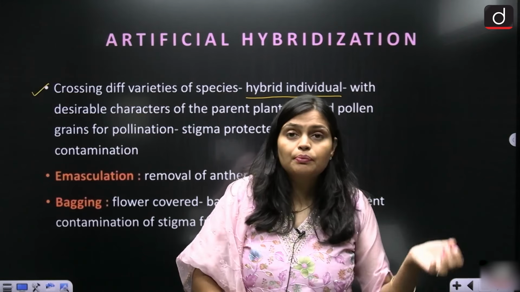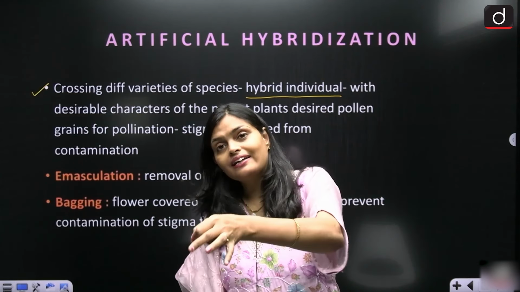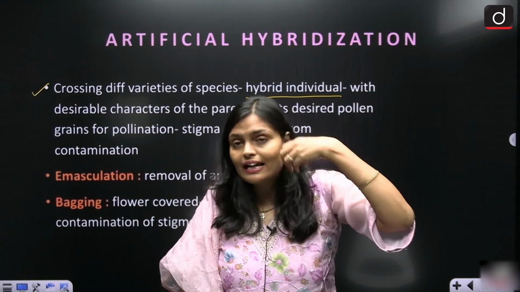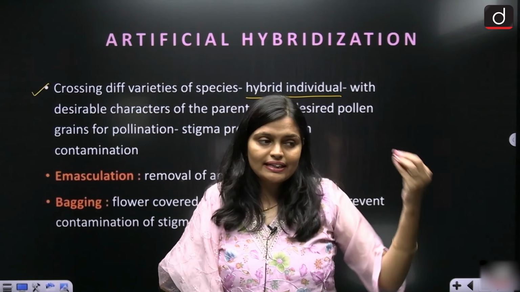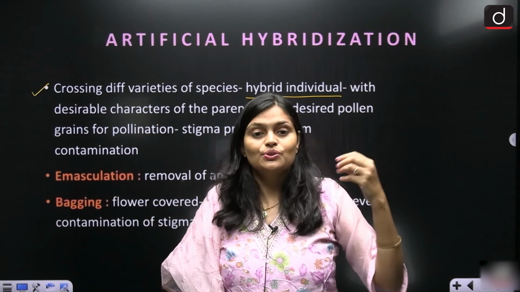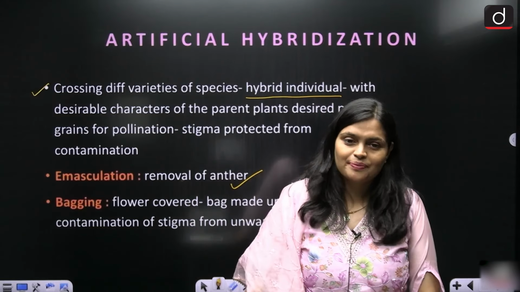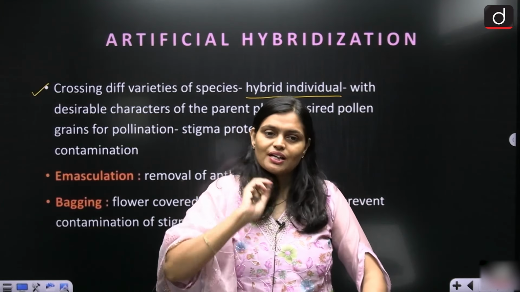You put the pollen grain of that desired character on the stigma, cover the flower so that no other pollen grain can contaminate it, and then you will get the desired plant. So this is what we call artificial hybridization. Clear? Artificial hybridization understood, everyone?